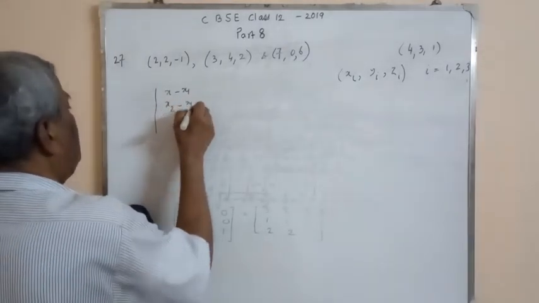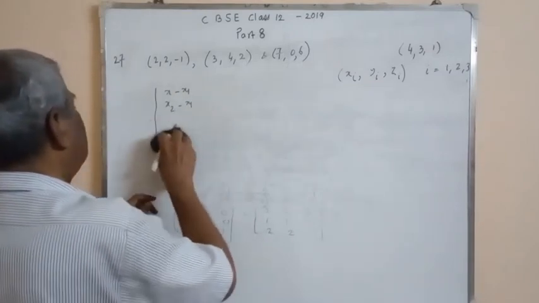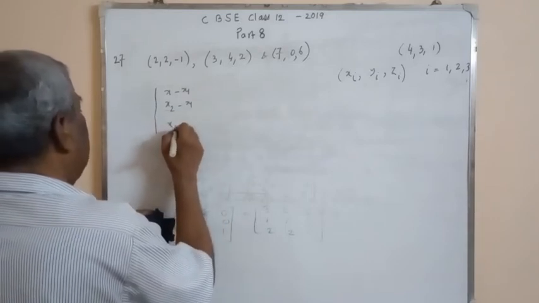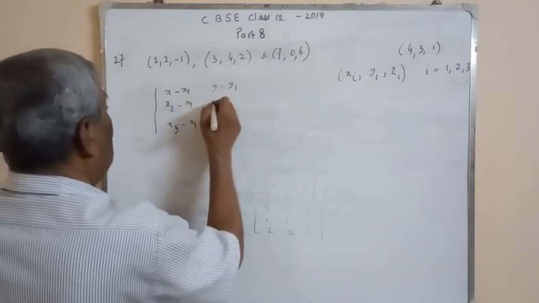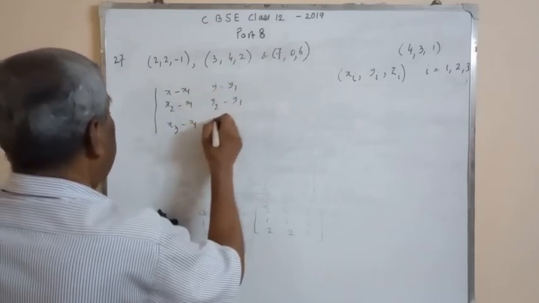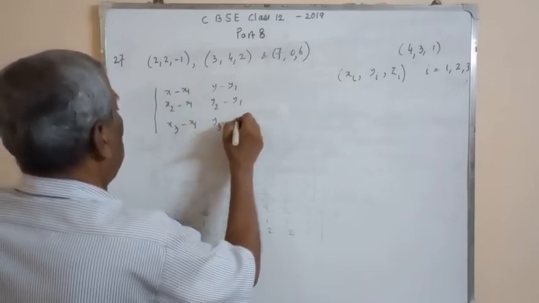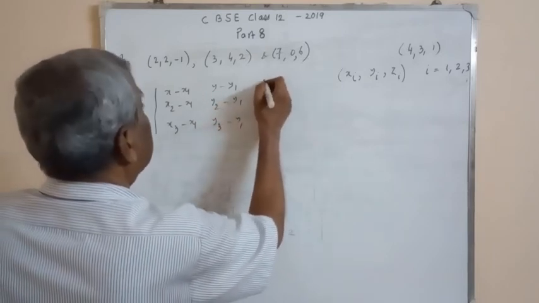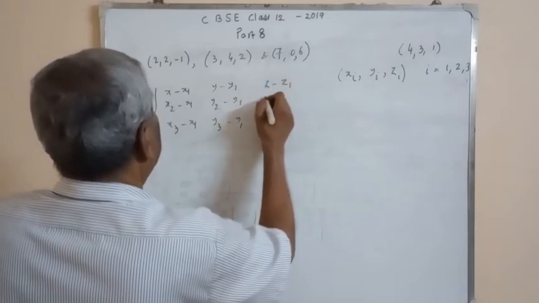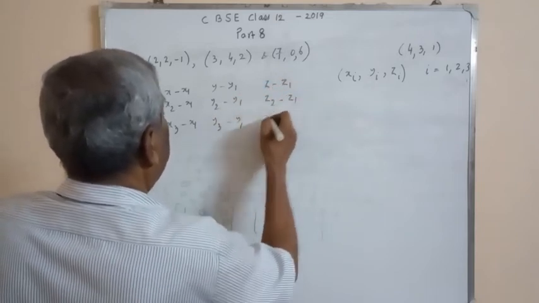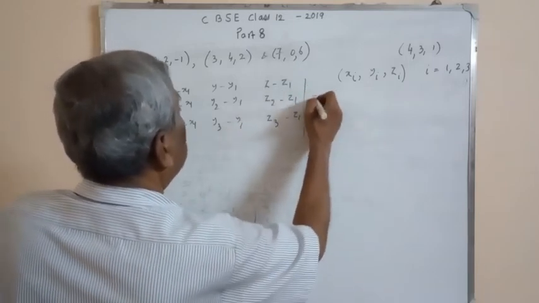x2 minus x1, y2 minus y1, x3 minus x1, y minus y1, y2 minus y1, y3 minus y1, and x, y, z minus z1, z2 minus z1, z3 minus z1 equal to 0.